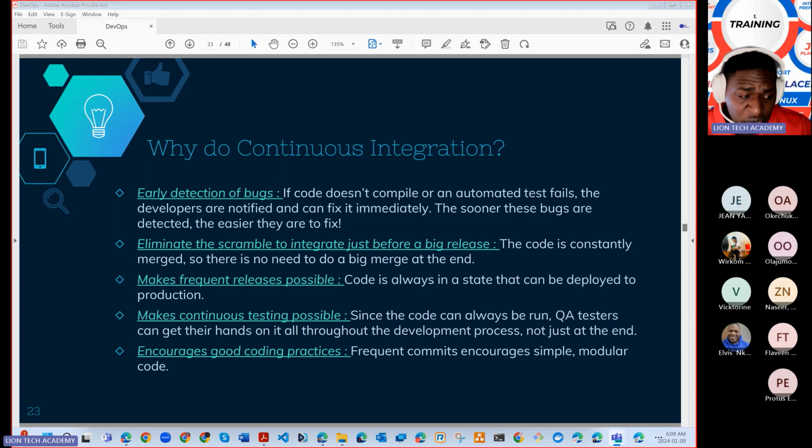Why? Because testers are supposed to put developers on their toes, so they are always on the watch. So think of a tester like an inspector.